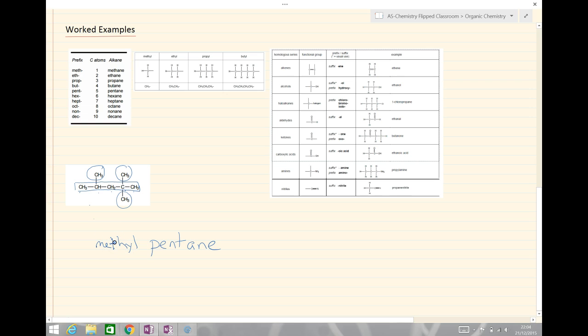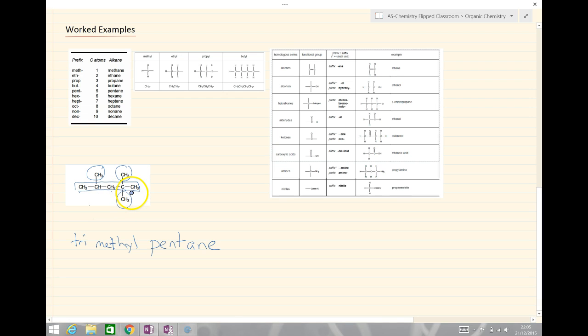We have to name how many there are, and there's 3 of them, and to do that we name it as tri. So if there's 1, there's no name, no number. If there's 2, it would be di, 3 tri, 4 tetra, 5 penta, and 6 hexa. So we've got 3, so it's trimethyl pentane, and then we have to give the numbers.